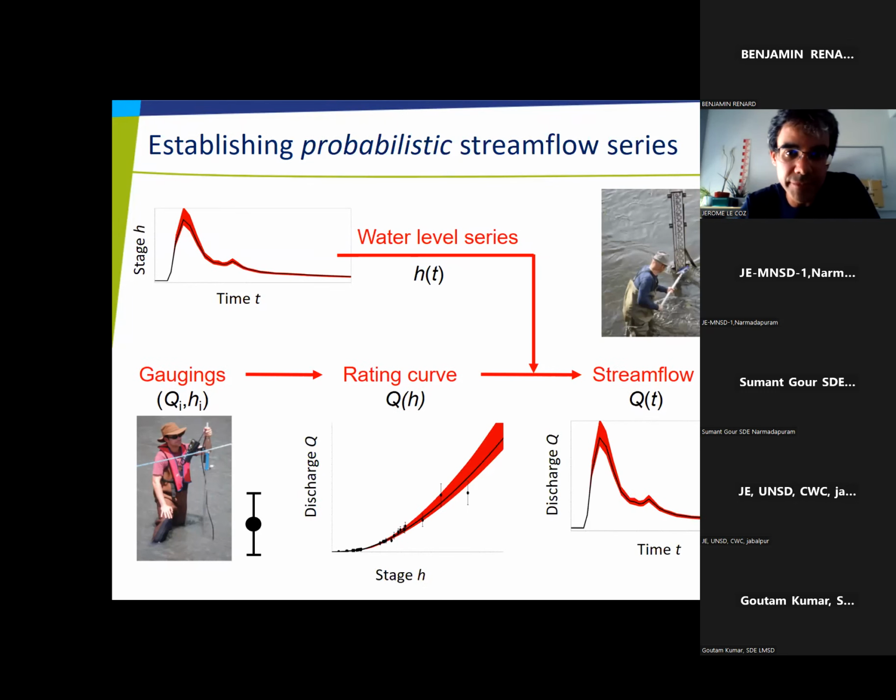And more data producers would like to release the uncertainty around their streamflow series, which means that now we have to work in a probabilistic framework, estimating and propagating all the uncertainties throughout the workflow, starting from the stage measurements, the stage series, but also we have to estimate the uncertainties around the calibration data, the gaugings, and estimate the uncertainty of the rating curve to be able to propagate all these uncertainties towards the streamflow series uncertainty.